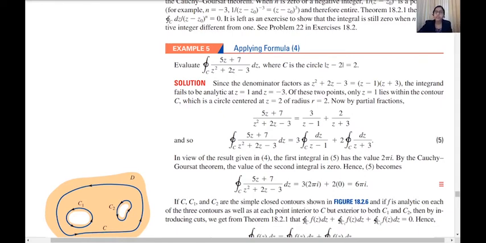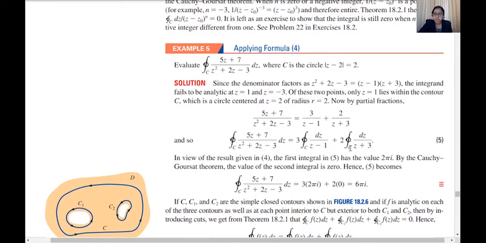So we have (5z + 7)/(z² + 2z − 3) equal to 3 divided by (z − 1) plus 2 divided by (z + 3). So the integral will be 3 times the integral of dz by (z − 1) plus 2 times the integral of dz by (z + 3).